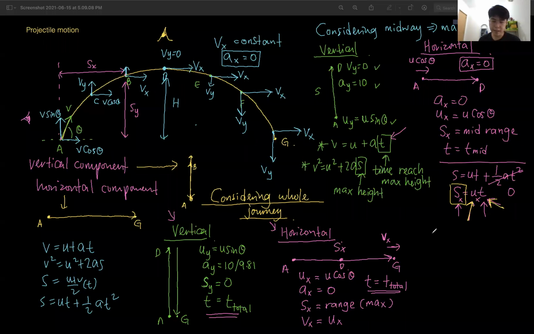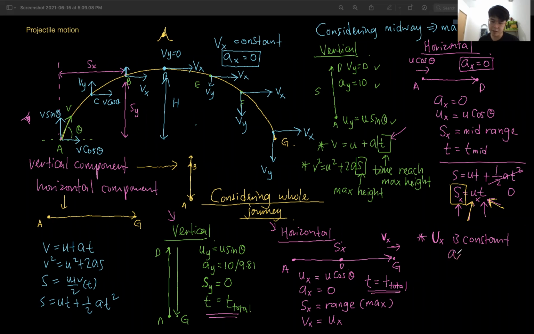Now, so I can, the bottom line, okay, what we can summarize for this projectile motion. There are a few things that you need to take note, which is first is the Ux. The Ux or the Vx is constant, regardless of the point in the journey, okay? Regardless of where it is positioned in the journey.